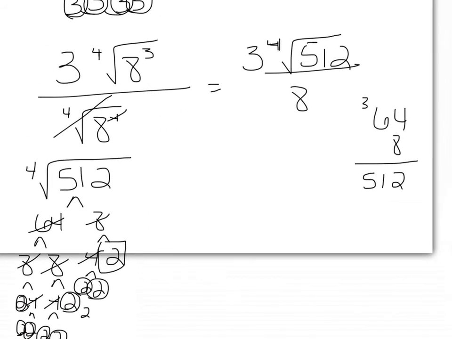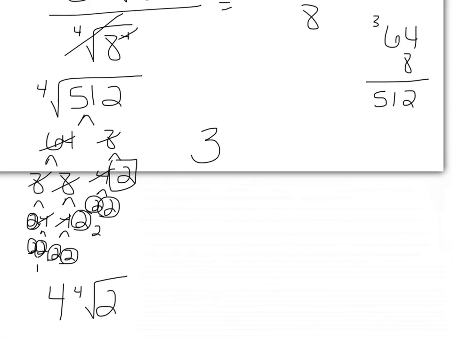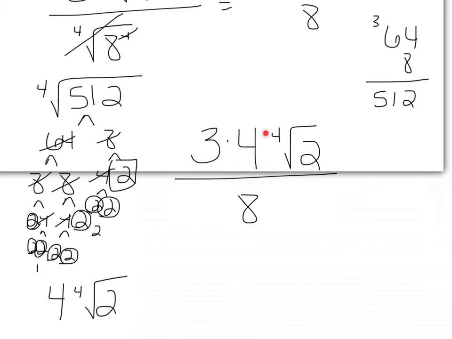Now, I had 3 times the fourth root of 512. And we changed the fourth root of 512 to 4 fourth root of 2. And this was all over 8. 3 times 4 is 12.